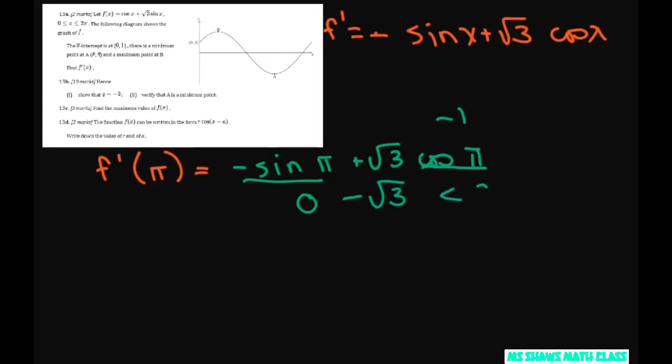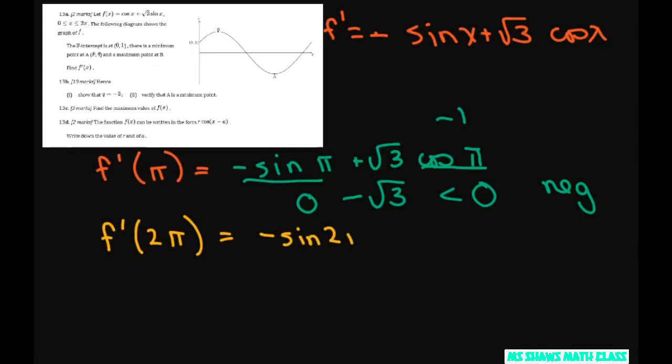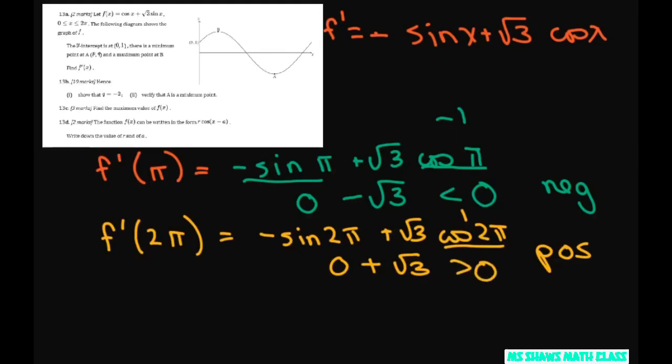So this is less than 0, so it's negative. Now do f prime of 2 pi. You get negative sine of 2 pi plus square root of 3 cosine of 2 pi. So this is 0 plus cosine of 2 pi is positive 1. So this is positive, greater than 0. That means we have negative, positive. So that's how you verify that A is a minimum.